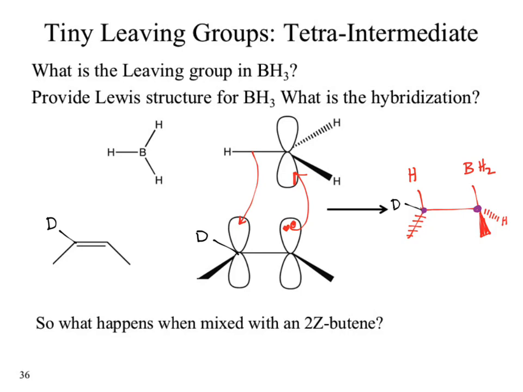It's a syn addition. The hydrogen and the boron were added on the same side of the pi bond, which means the only time I can do rotation is after I've lost the pi bond. Which means when I look at my transition state for the reaction occurring, the orientation of those methyl groups must stay constant.